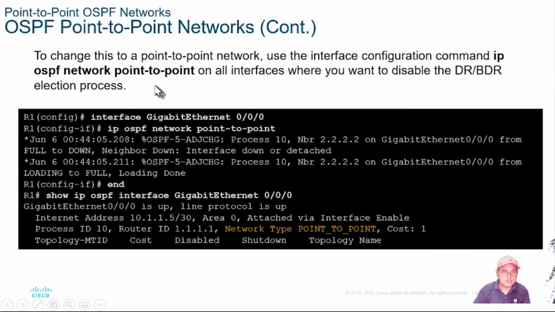To change this to a point-to-point network, use the interface configuration command ip ospf network point-to-point. After issuing this command on the interface, it will convert it into network type point-to-point.